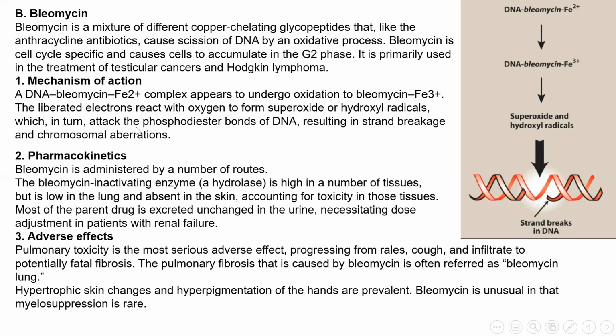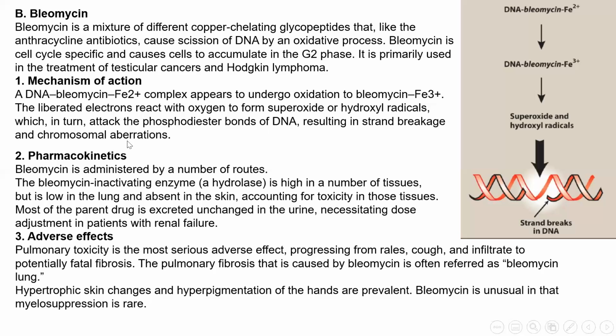The mechanism of action is similar to what we saw with the previous drugs: the DNA-bleomycin ferrous complex undergoes oxidation to the bleomycin ferric complex. This process liberates electrons, and the electrons react with oxygen and generate superoxide and hydroxyl radicals, both of which are reactive oxygen species.